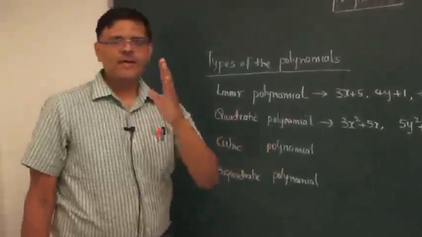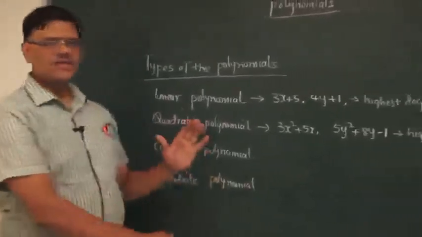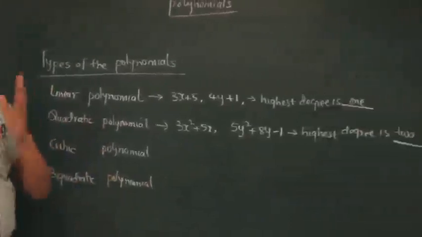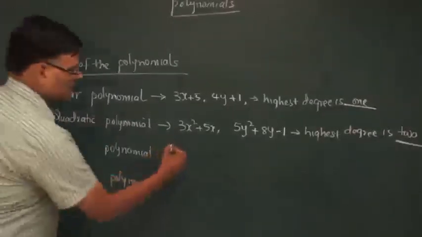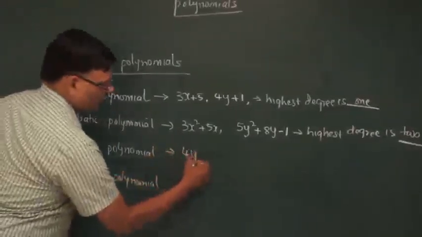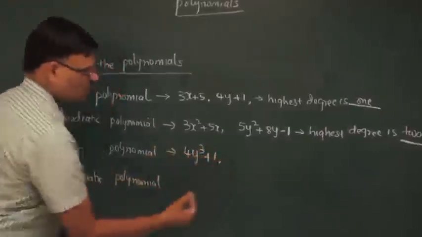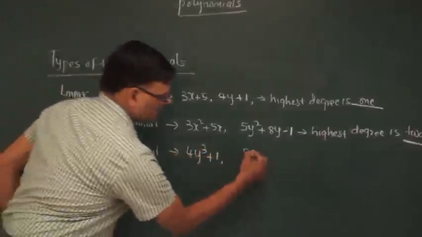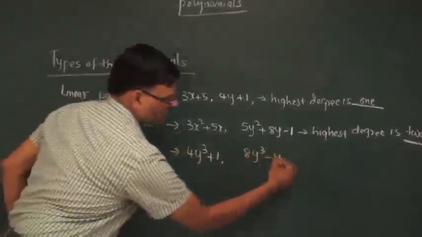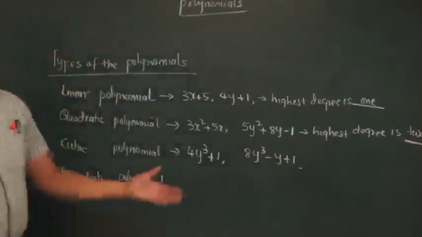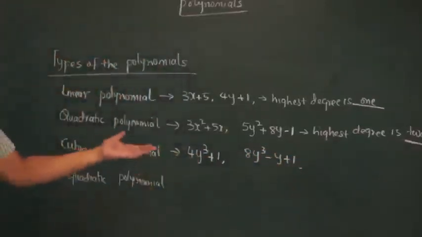Let us move on to the cubic polynomial. A cubic polynomial is a polynomial which consists of highest degree 3. Example: 4y cube plus 1 and 8y cube minus y plus 1. These are the 2 expressions we have taken.